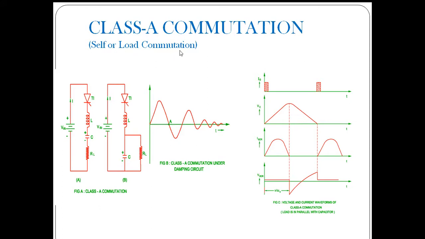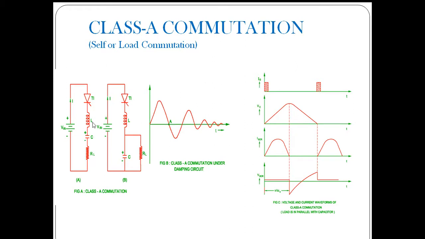Initially, when we apply the supply and fire the SCR, the current flows through R, that is your load. Here, the capacitor charges up to Vs. Whenever the capacitor is fully charged, there won't be any current flow through the device.